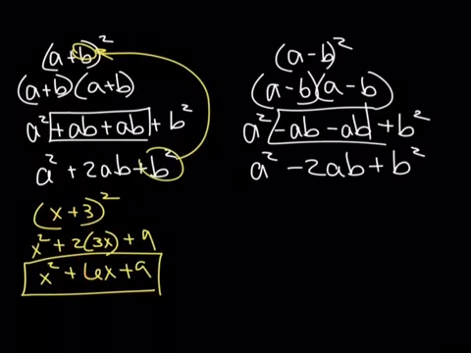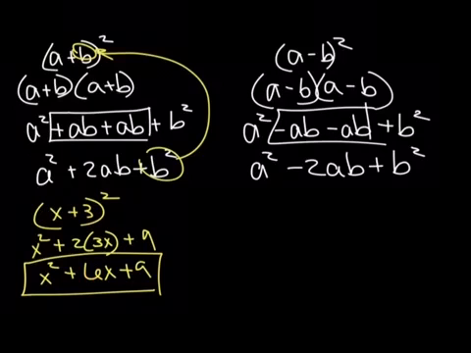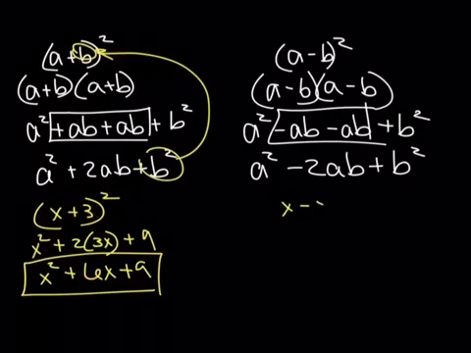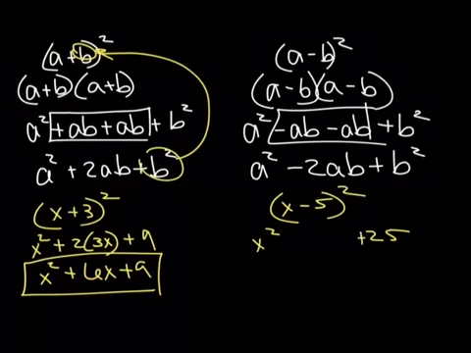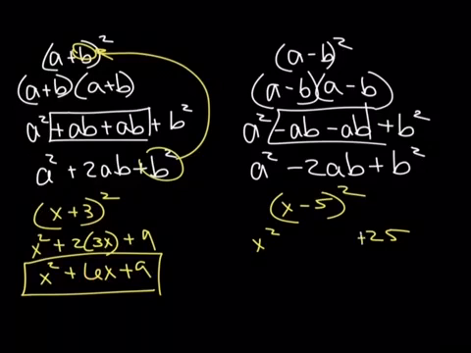All right, the same works when we have something like a minus, like we do on the right-hand side. So for example, we have x minus 5, quantity squared. Going to do the same thing. First term squared, second term squared. Okay, negative 5 times negative 5 is positive 25. Okay, middle term will be this times this, negative 5 times x, doubled.